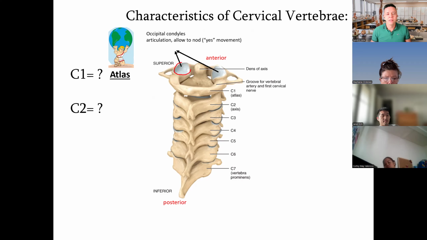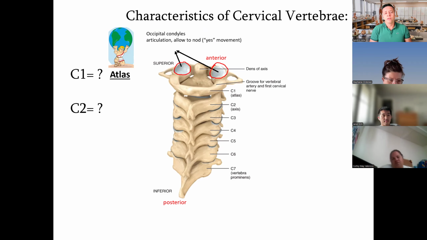It's going to sit right on top of the atlas, where we can see there is articular cartilage covering that surface. The atlas allows us to nod our head. So when we do the yes movement with our head, moving up and down, it is due to that articulation between the atlas and the occipital condyle.